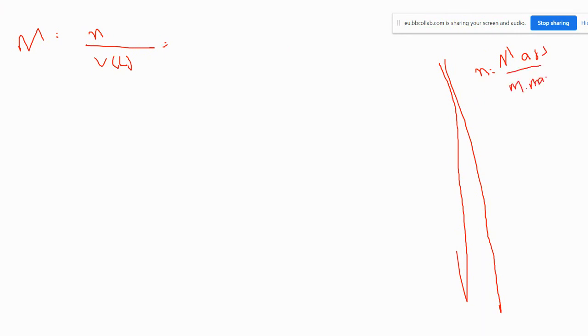So we will substitute the n value here. I will write n multiplied by 1 divided by volume in liter. Can I write like this or not? Because I want to put the n value, I want to separate it a bit. It will be the same thing: n into 1 divided by volume in liter, or n divided by volume in liter.